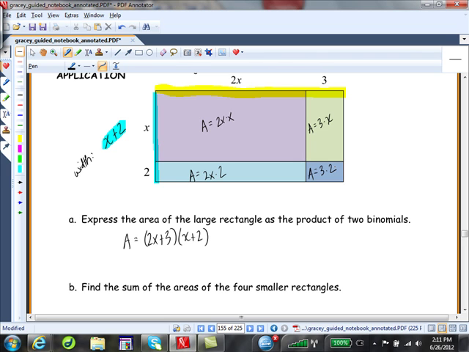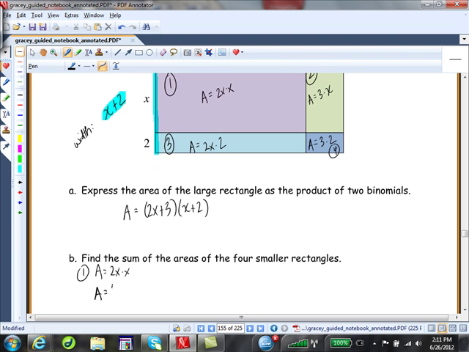And what part B wants is the sum of the areas of the 4 smaller rectangles, right? So if we call this one 1, 2, 3, and 4 for the smaller ones. The first one we said was 2x times x. Let's write area equals 2x times x.